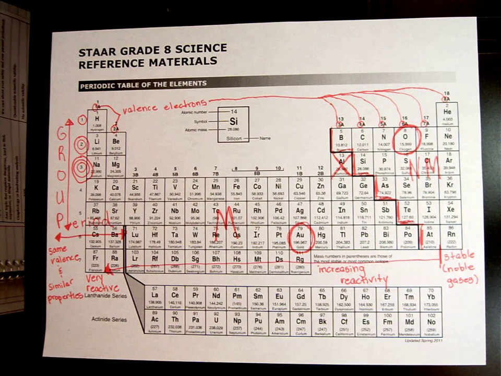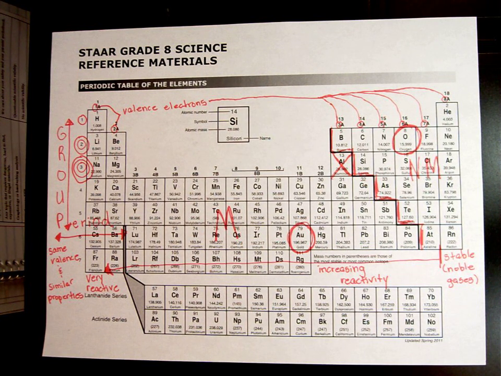So what that means is the elements in group 1 have 1 valence electron, and they have similar properties because they react alike. The elements in group 2 have 2 valence electrons. They react similarly to each other because they have the same number of valence electrons.